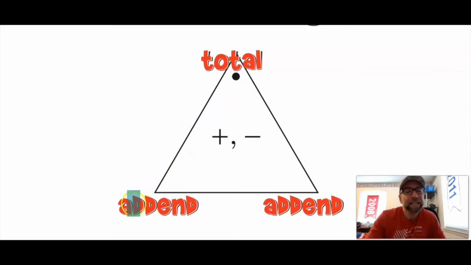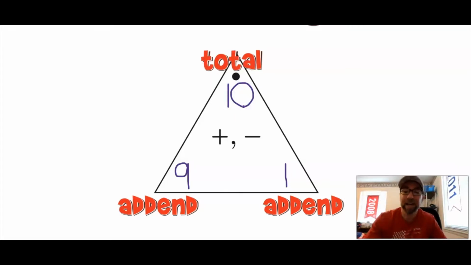Now we have some fancy words down here. Our fancy word is the word addend. The addends are the numbers we add together. They're the parts of the problem. So let's suppose Mr. Enzi had a 9 and a 1. If they were my parts, what would the total be? 9 plus 1 more equals 10.